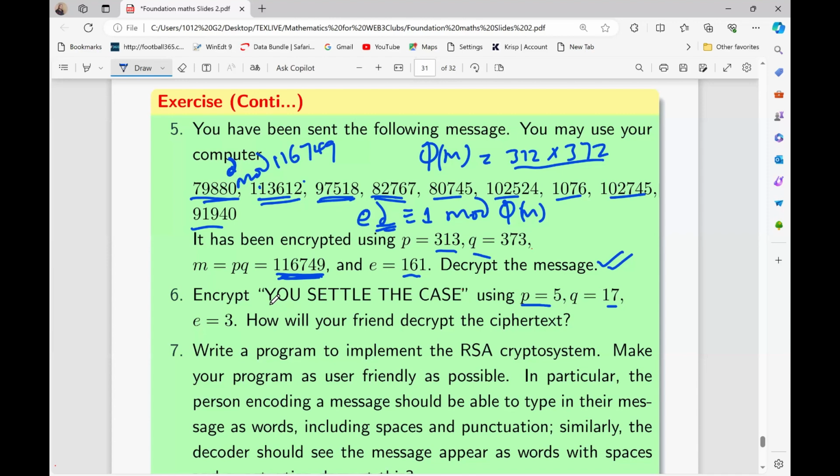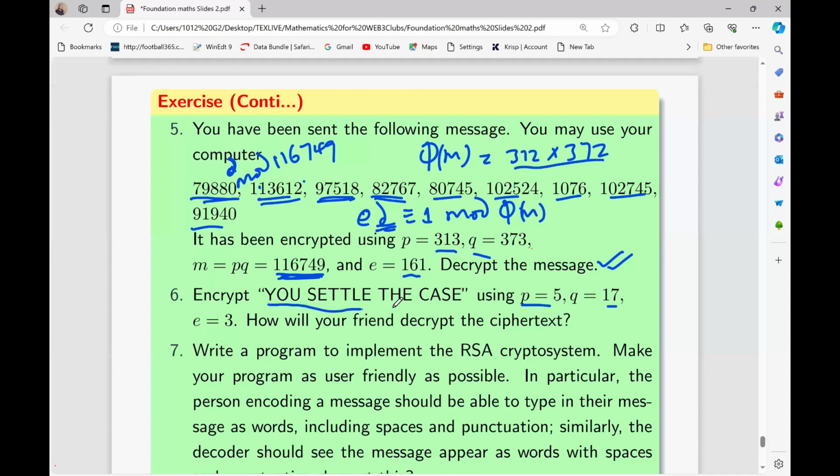Just as we did earlier, convert this to the corresponding integers. I use the alphabet. Using the alphabet, of course, A is 0. So this will be 0, 0, 0, 0. What about Y? Y is 24. I think it's the 24th alphabet.